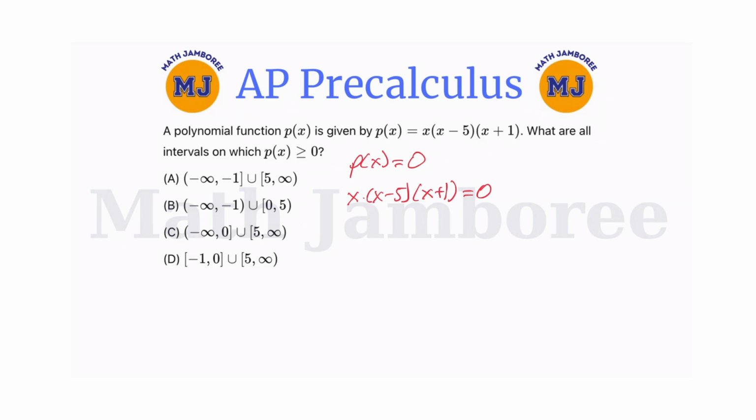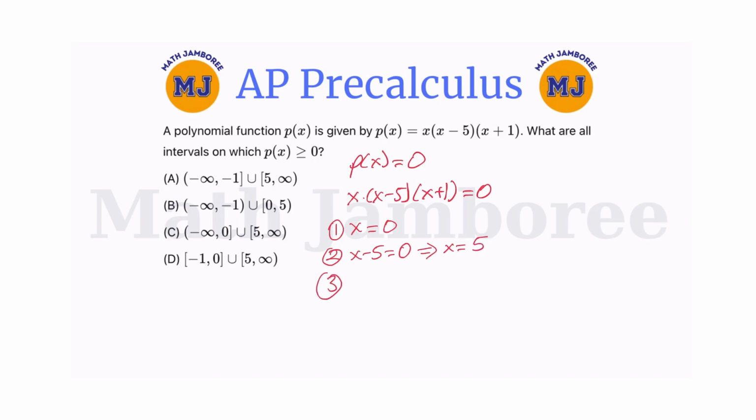Now, to solve this, let's set each factor equal to 0 one by one. The first factor is x, so x equals 0. The second factor, x minus 5 equals 0, gives us x equals 5.